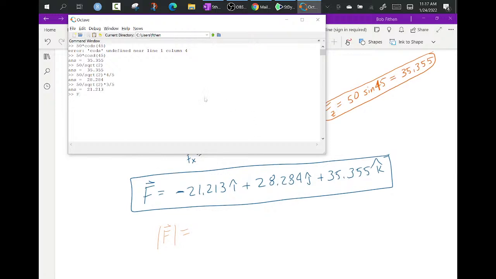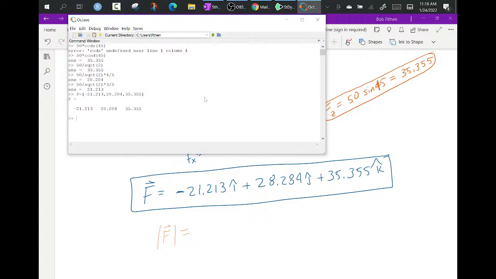If I list F as a vector, I can list it in an interesting way: a square bracket, minus 21.213, 28.284, and 35.355.